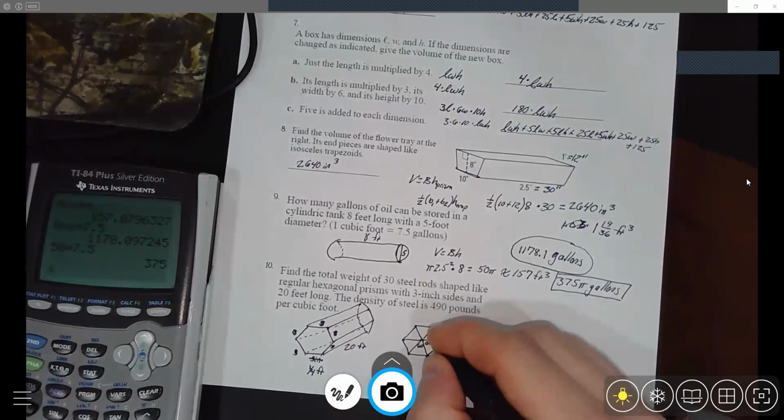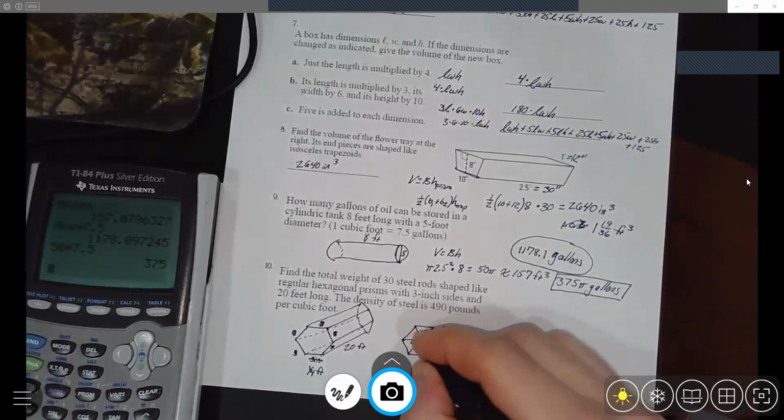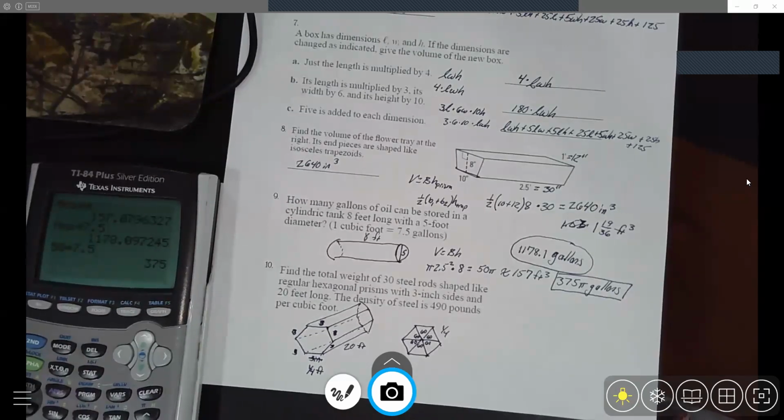So these are all 60-degree angles. And what you're going to find is that because this is a regular hexagon, each of these triangles is an equilateral triangle when you split it into 6 parts.